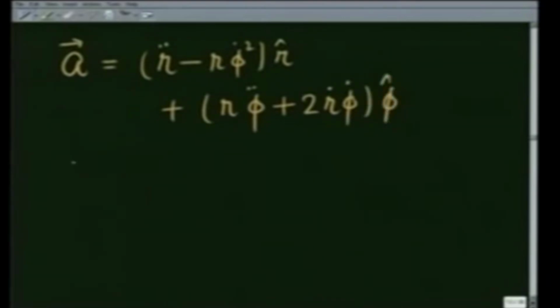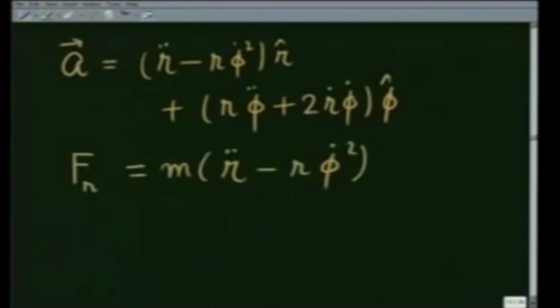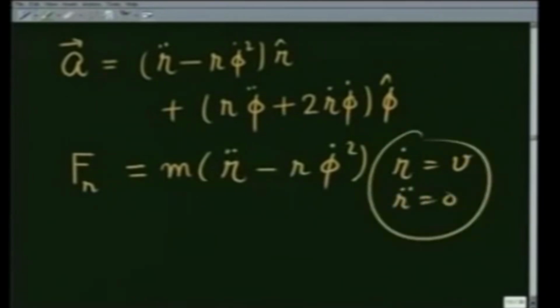The force that I am pulling it in with is in the radial direction, therefore that is equal to m times r double dot minus r phi dot square. Since it is being pulled in with constant speed, r dot is equal to minus v and r double dot is therefore equal to 0. I have Fr equal to minus m r phi dot square.